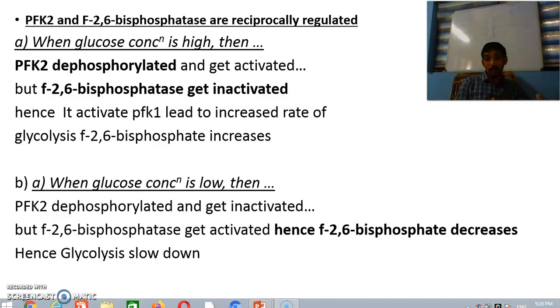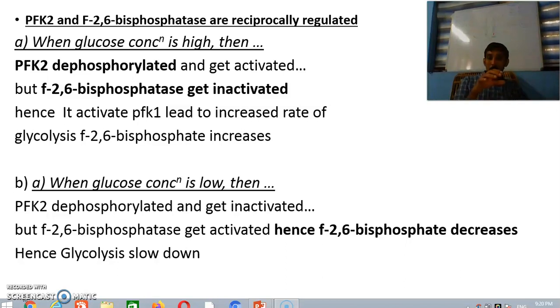If PFK2 is activated by dephosphorylation, then that PFK2 converts fructose 6-phosphate to fructose 2,6-bisphosphate. So the cell contains more fructose 2,6-bisphosphate. At the same time, dephosphorylation of fructose 2,6-bisphosphatase, the second enzyme, results in the inactivation of the enzyme.